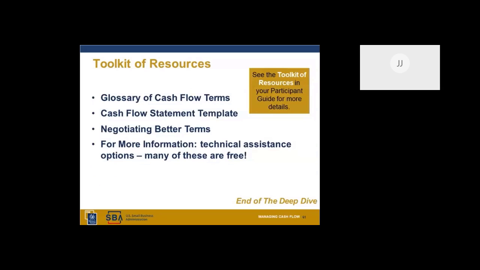There are a lot of great tips on negotiating better terms with their suppliers and vendors that's available to them as a resource. And there's also a list of free technical assistance providers that's available to them. Again, a lot of free resources for small business owners. And so just emphasizing that they look to those resources as they're starting their business.